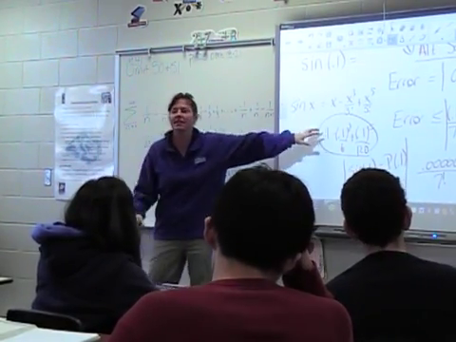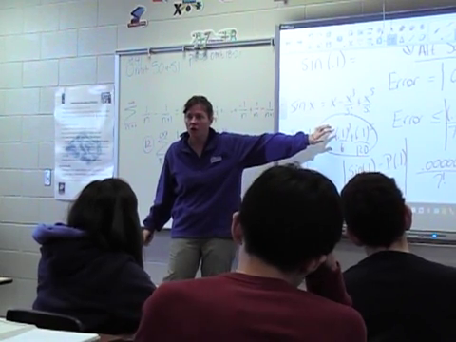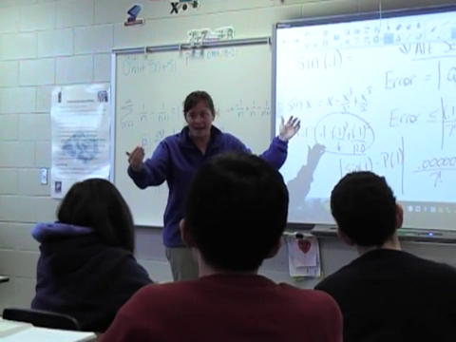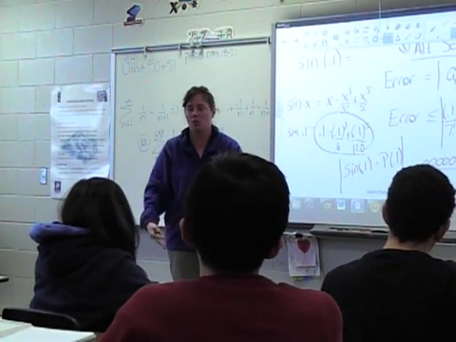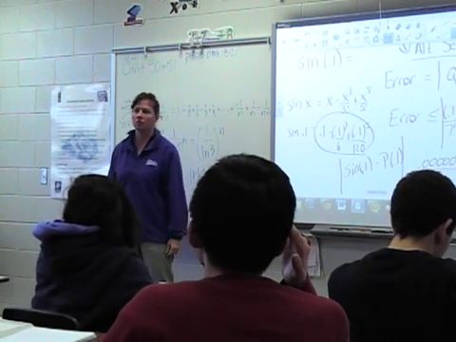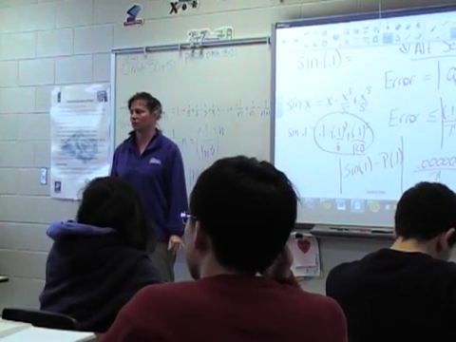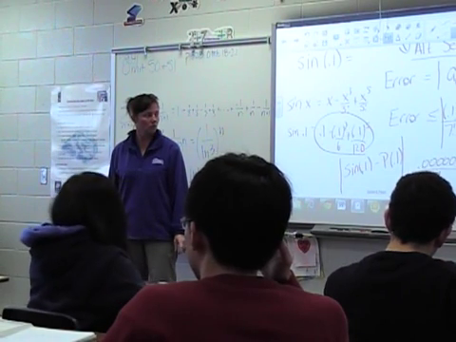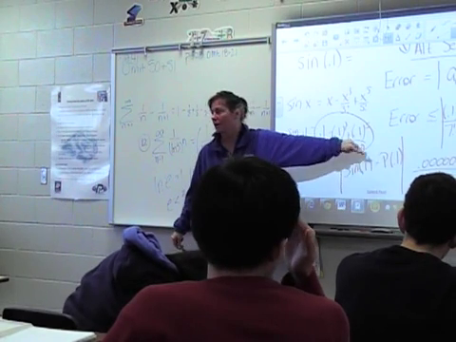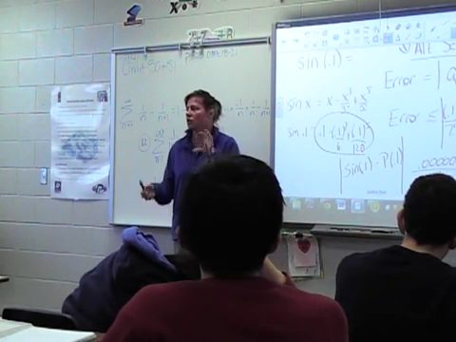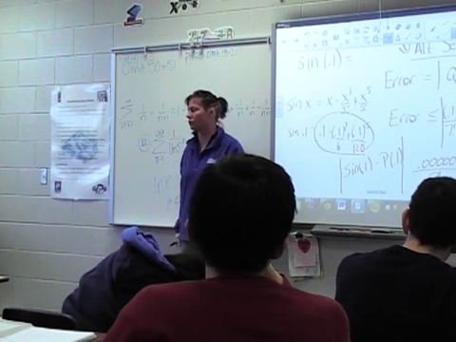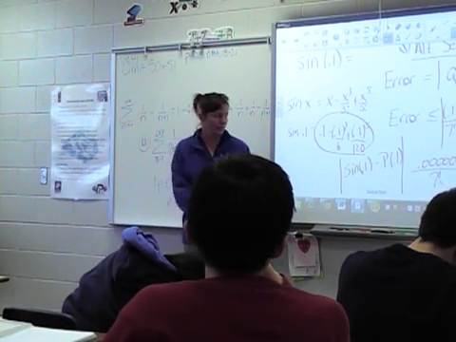This is your exact value, this is exact minus approximation. So exact minus approximation, that is your error or your remainder. This is still the next term.